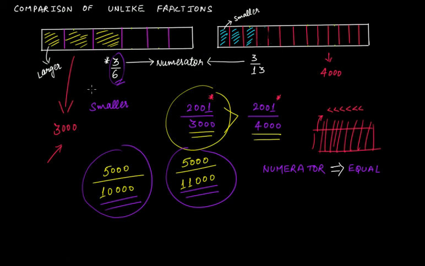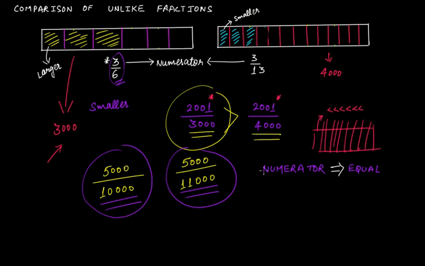So if your numerator is equal, then you can picture this diagram in your mind, think of the divisions in the fashion we discussed here, and on that basis you can calculate.